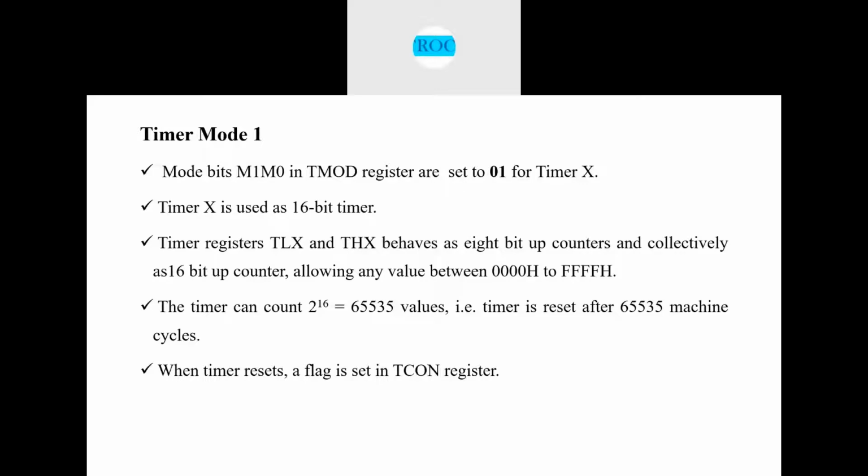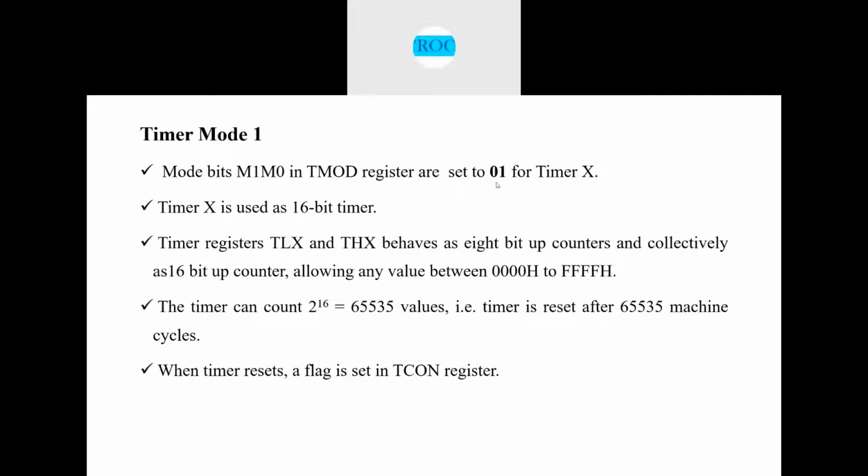Similarly, for timer 1 to operate in mode 1, bit 4 and bit 5 are the M0 and M1 bits for timer 1. So bit 5 will be 0 and bit 4 will be 1. Make sure that in the TMOD register you set the value so that the respective timer, whether timer 0 or timer 1, operates in mode 1.